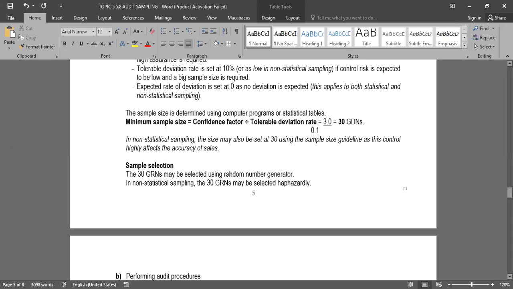You just select using random number generators. Or you can choose, if it's non-statistical. By the way, here we can use computer-assisted audit techniques. Then in non-statistical sampling, we can use haphazard sampling.